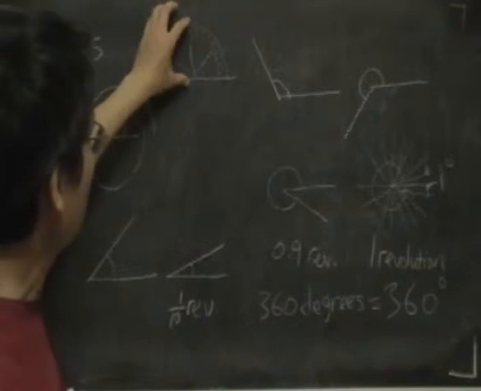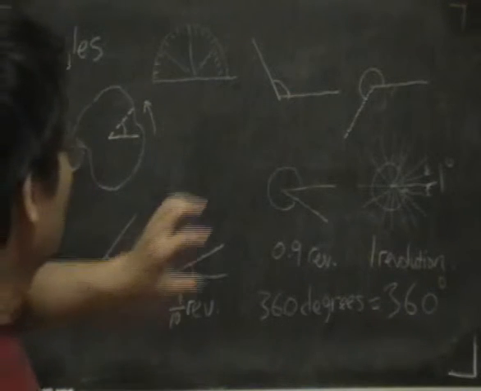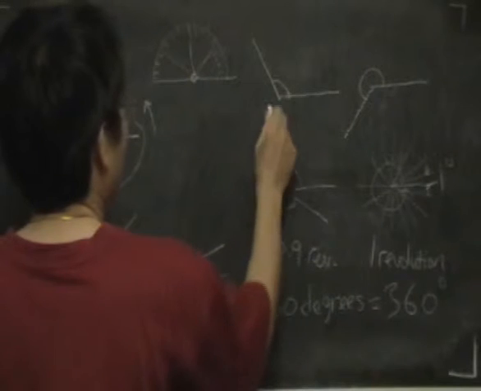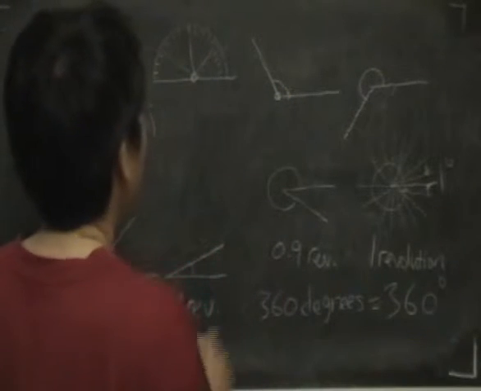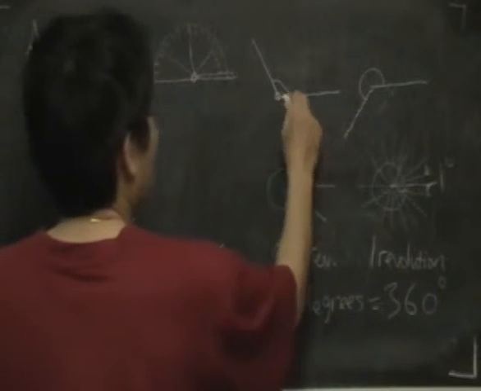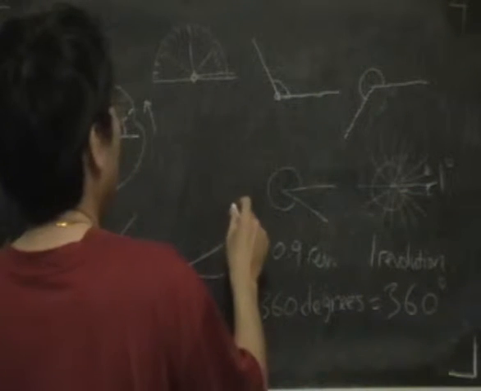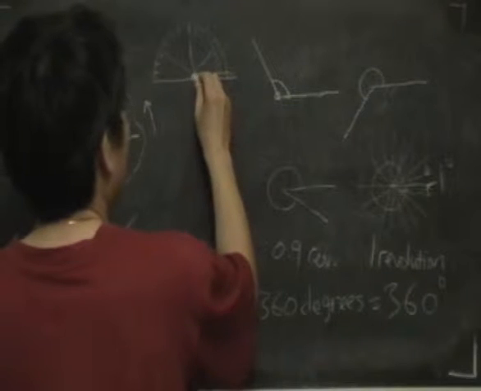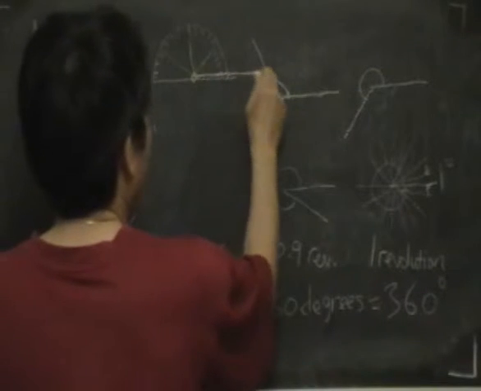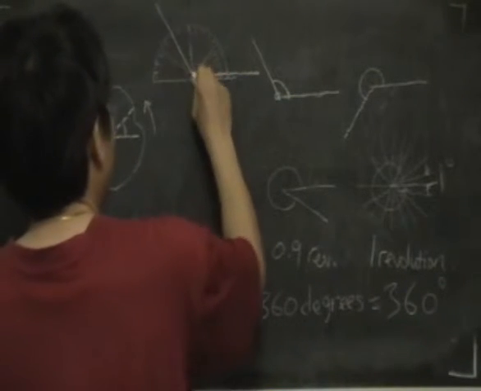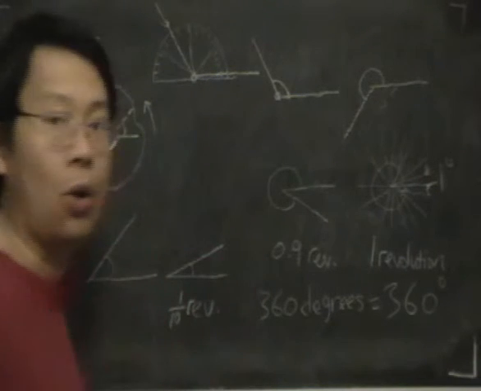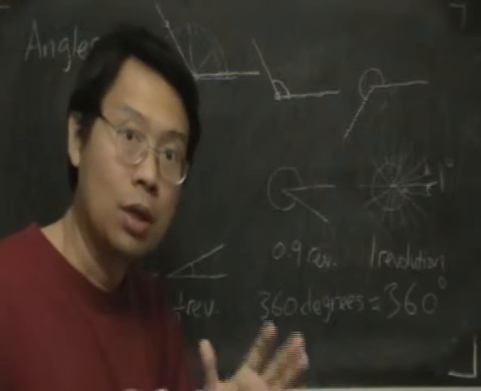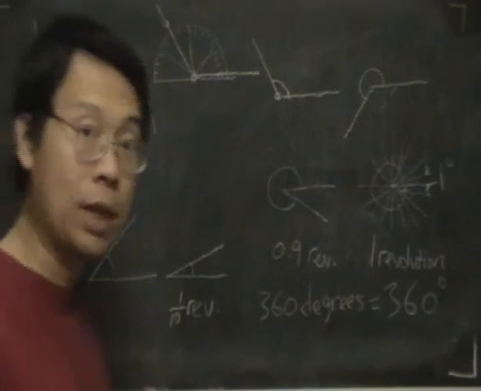So you would put this protractor here, so put this point on this point and put this line on this line, and then you can measure this angle by reading off, say if I have one line here and one line there, by reading off the markings on the edge, the round circular edge of the protractor.